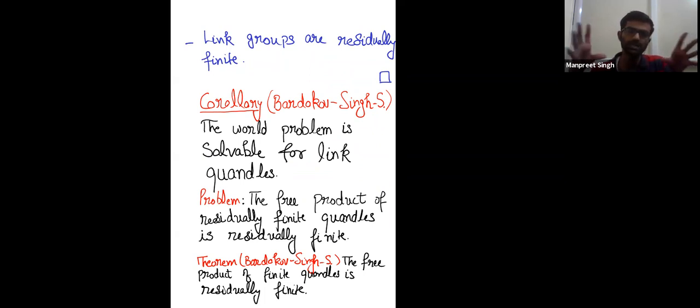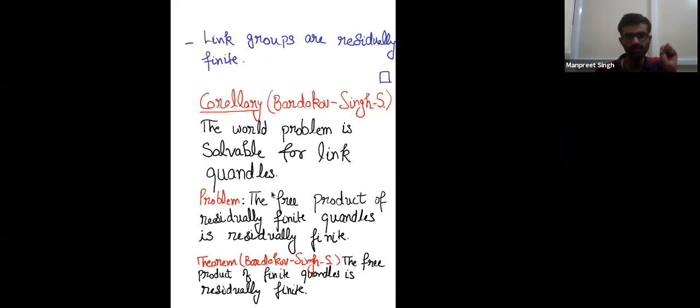For a split link, the link quandle is the free product of the link quandles of non-split links. Since the free product is residually finite provided the associated groups are residually finite, and it is well known that link groups are residually finite, we conclude that the link quandle of any given link is residually finite. It also means that the word problem is solvable for link quandles.